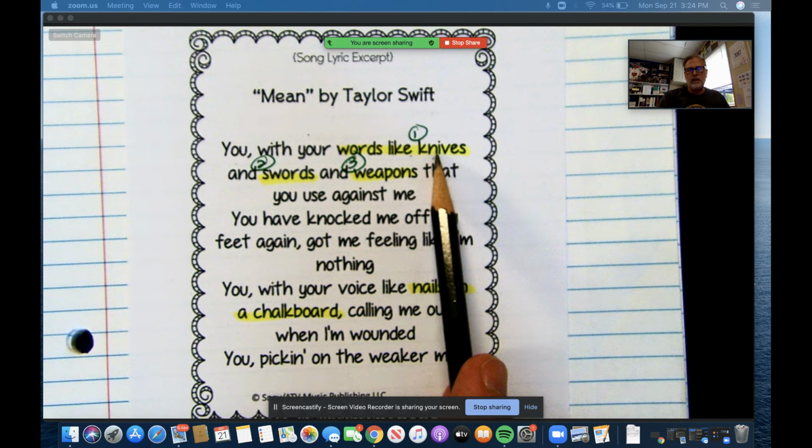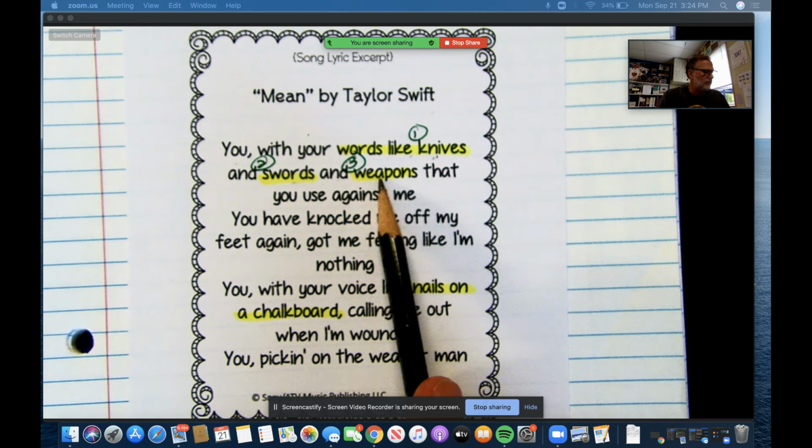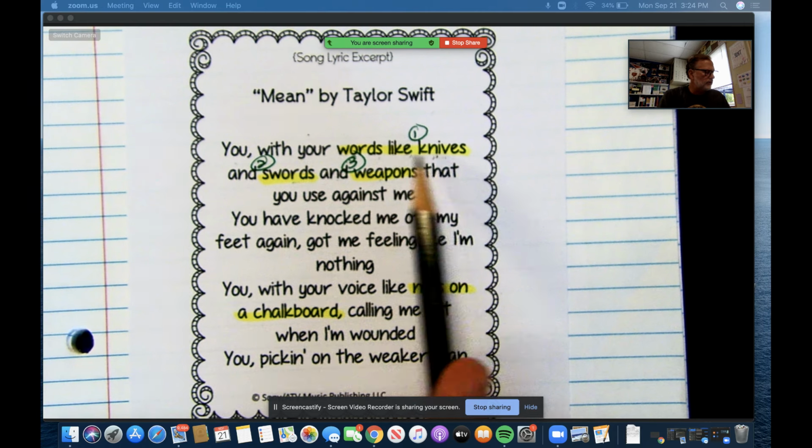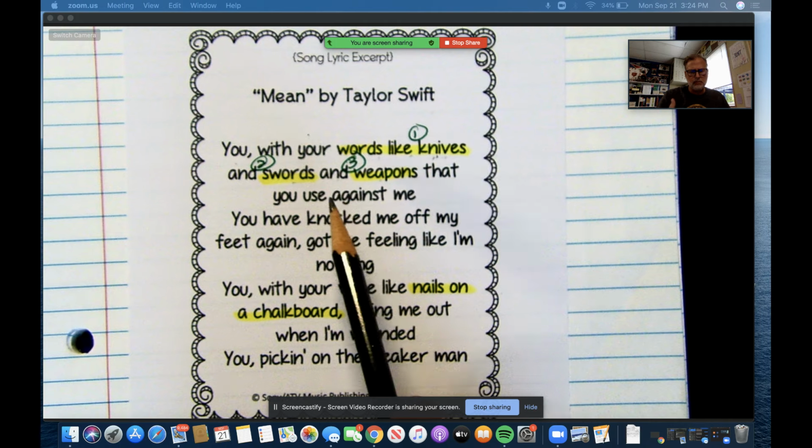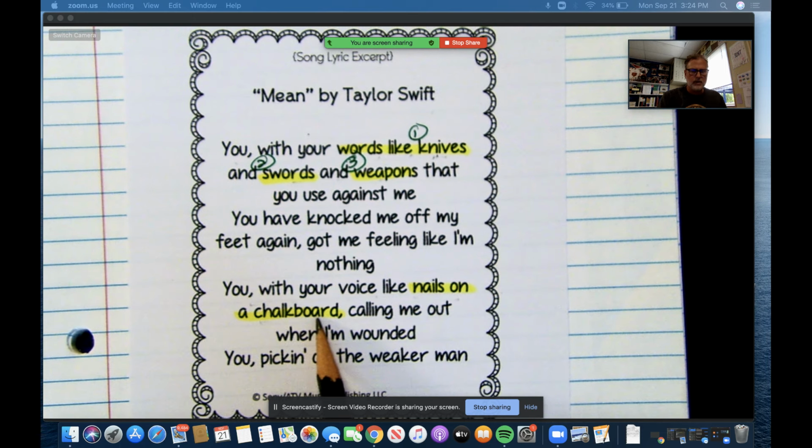That's a good comparison because it helps you to picture how much the words are hurting, and the swords are like weapons. So your words are like knives and swords and weapons. She's really comparing the words to three things. And down here, she says, you with your voice like nails on a chalkboard. That's a really good image because she's saying your voice makes me feel like when you run your fingernails down a chalkboard.